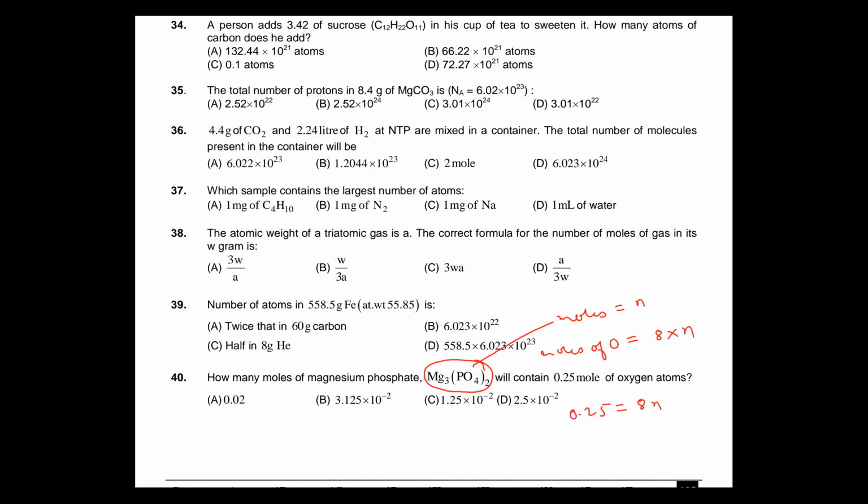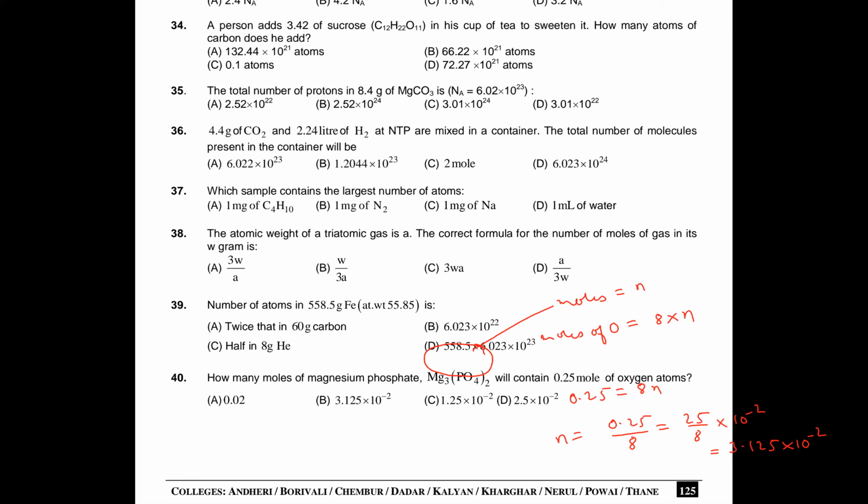This is equal to 8n. n is equal to 0.25 by 8, so 25 by 8 into 10 raised to minus 2, 3.1 into 10 raised to minus 2.